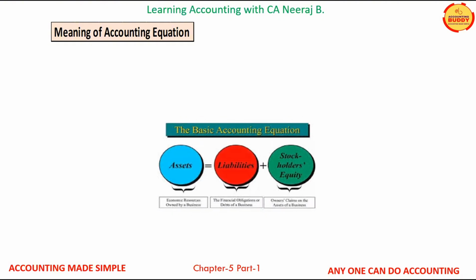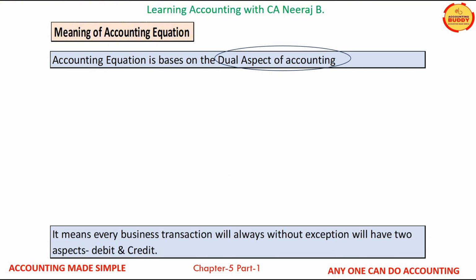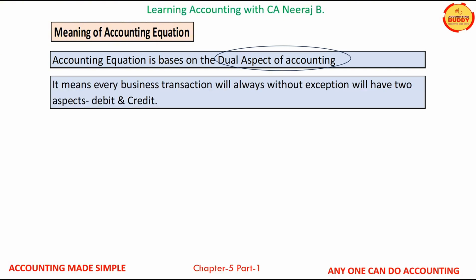The accounting equation is a fundamental principle in accounting that expresses the relationship between assets, liabilities and equity of a company. The principle of accounting equation is based on dual aspect of accounting, which means that every business transaction will always have two aspects, debit and credit.